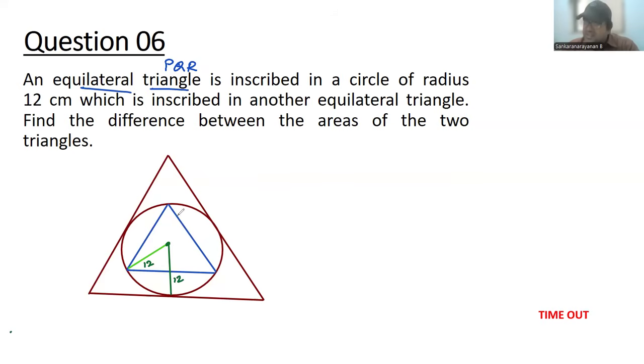So for the triangle here, the blue triangle, let me say the side corresponds to A units, right? So can I not say that root 3 by 4 A square is the area for that triangle.